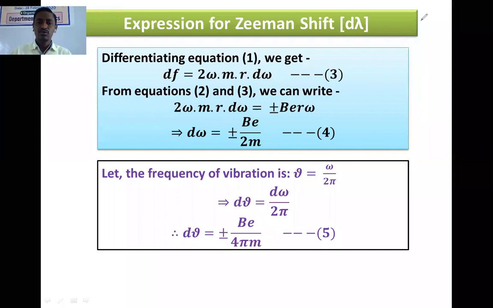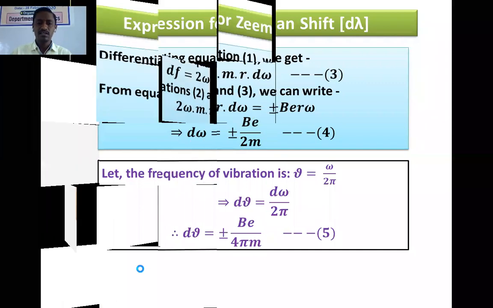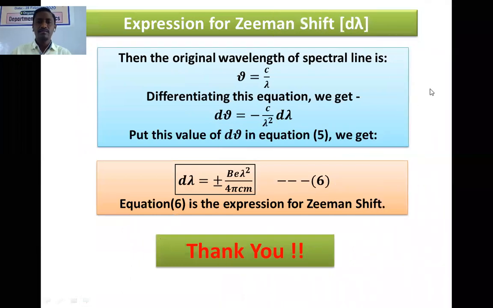Now we have calculated the change in frequency. Again we know the relation between the frequency and the wavelength of light, the frequency of a spectral line: nu equals c by lambda. Differentiate this equation, d nu equals, here lambda is a variable quantity, only c is a constant, so c is put as it is.